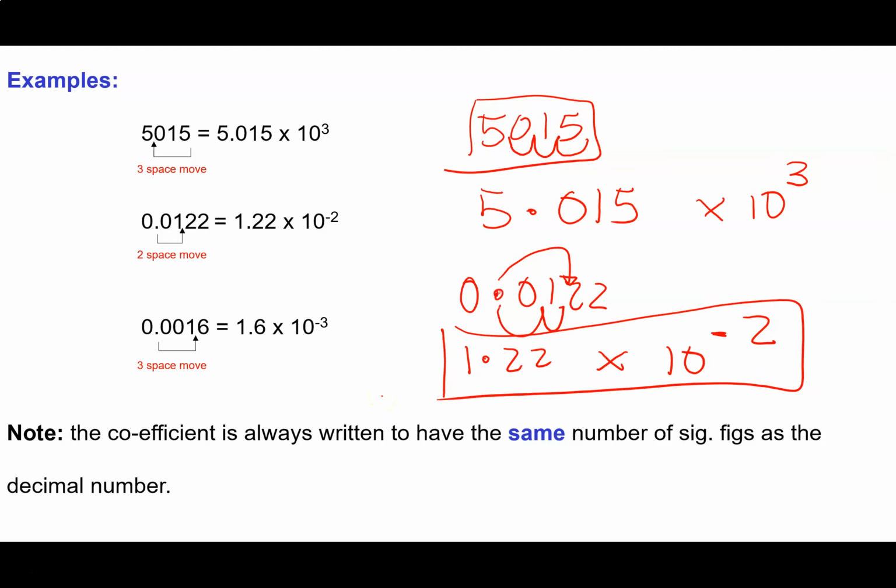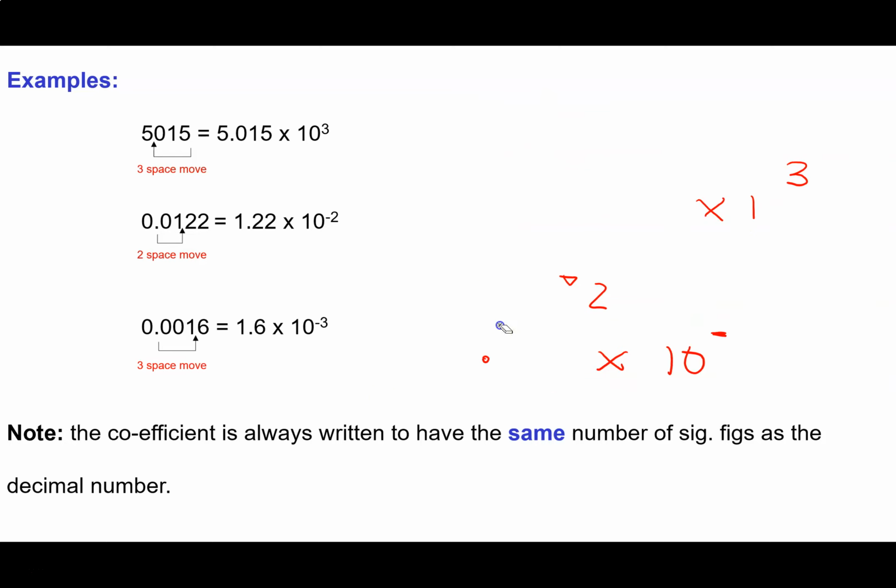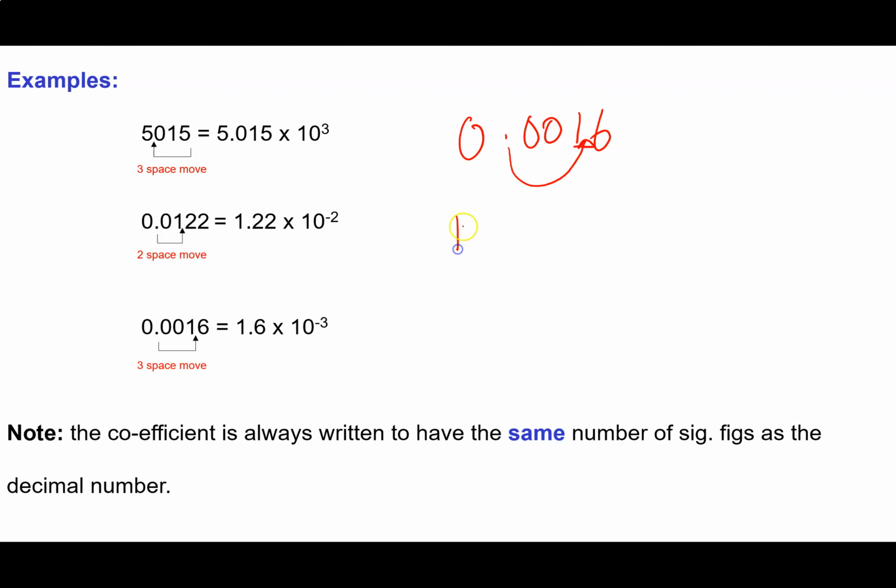All right. So let's do the next one, 0.0016. So it's a small number, so I know it's going to be a negative exponent. So 0.0016, I've got to move my decimal point so I have just one digit to the left of the decimal point. So that's going to be my coefficient.